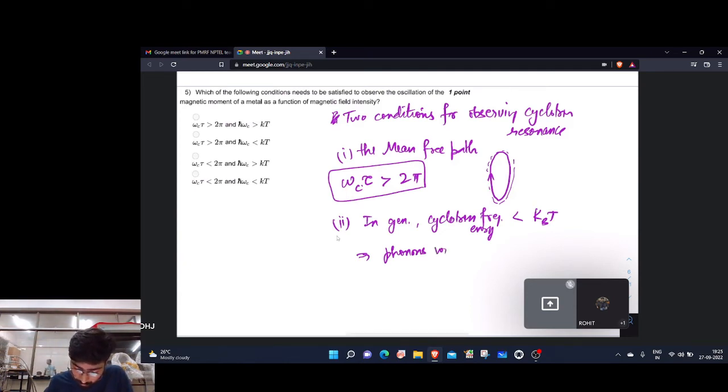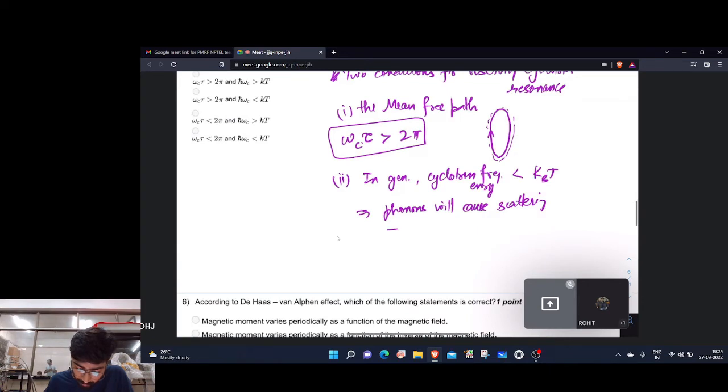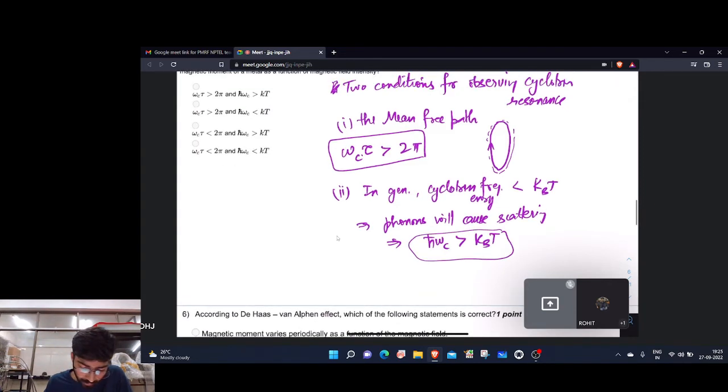So phonons will cause scattering. This means that the cyclotron energy ħ omega c should be greater than the thermal energy. So we have these two conditions, and therefore the option becomes omega c tau should be greater than 2 pi and the cyclotron energy should be greater than the thermal energy.